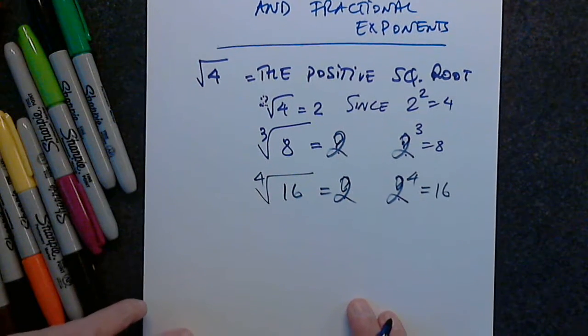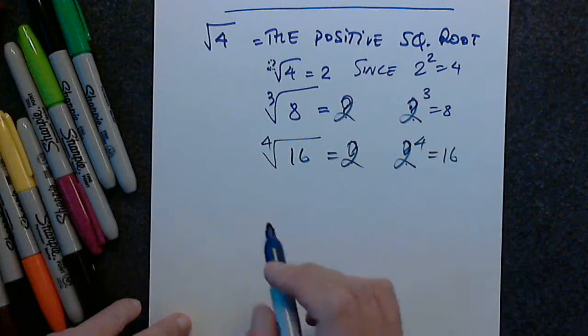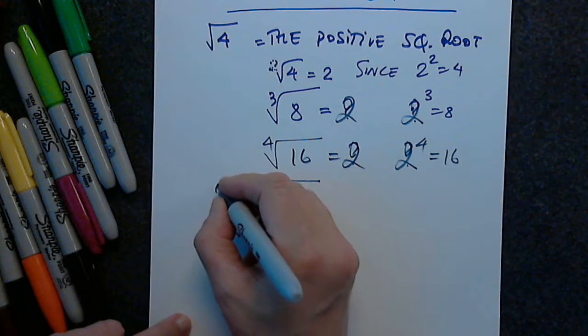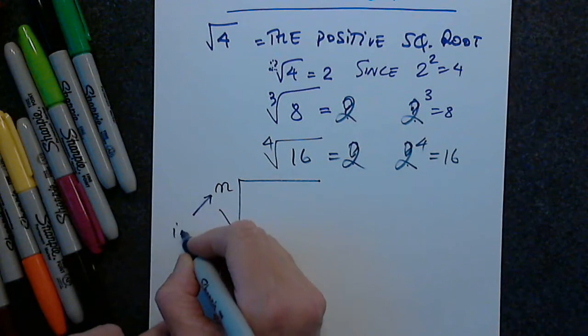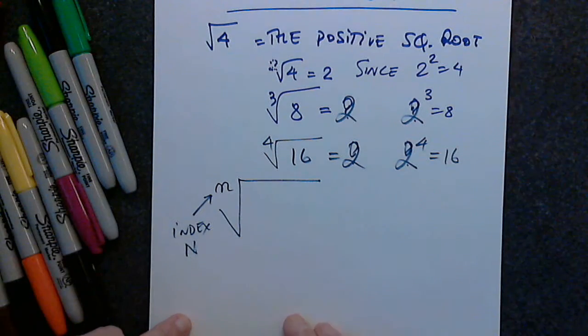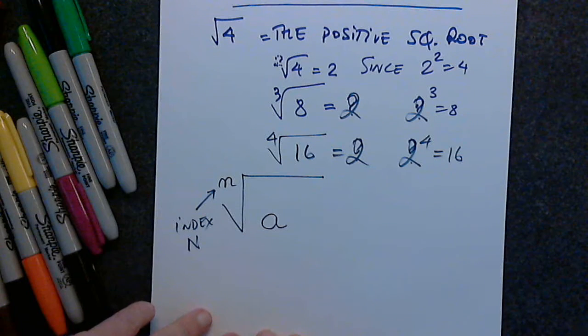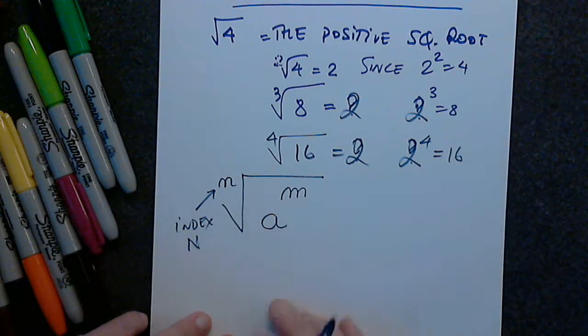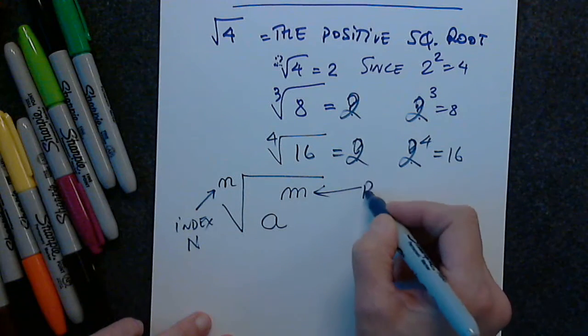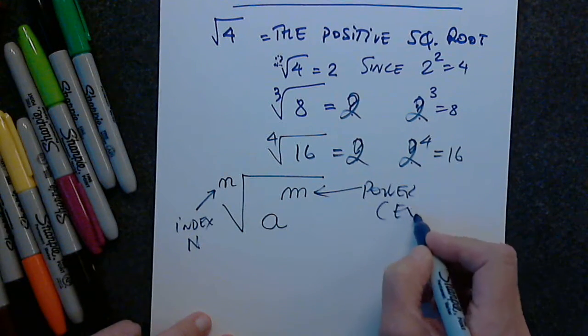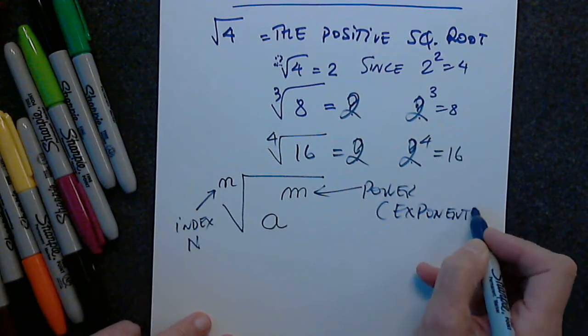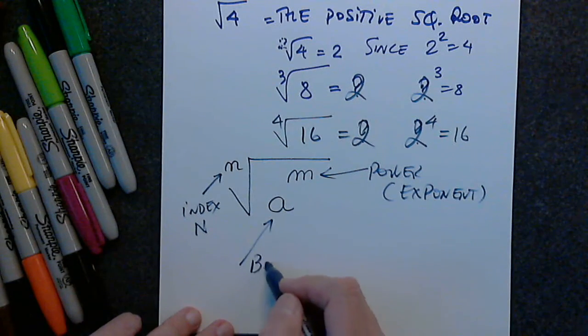So, in general, the general formula, this is index n, lowercase n. A is any number to power m. So this is the power, or exponent, and this is the base.